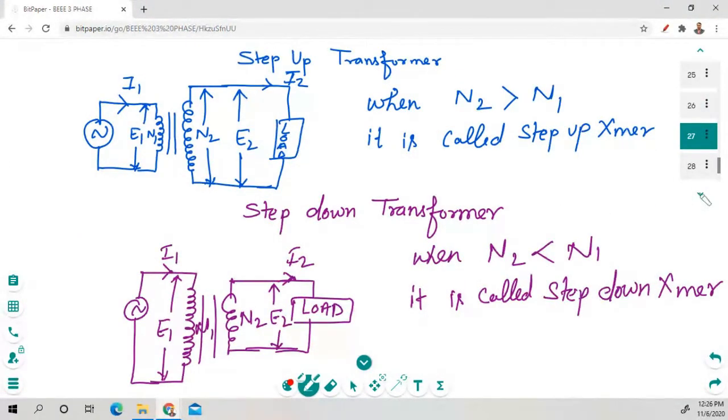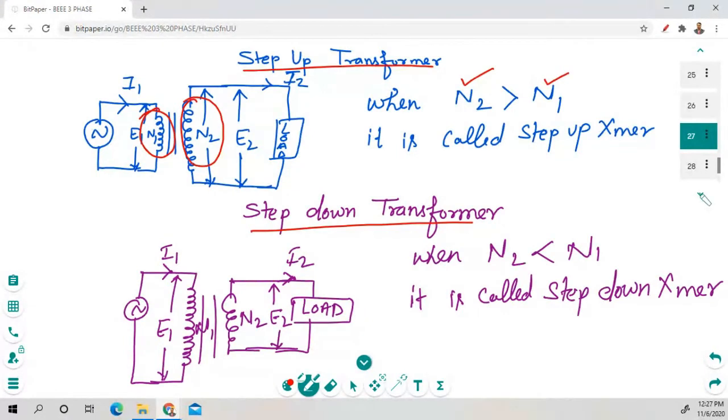There is a step up transformer and there is a step down transformer. So what is the step up transformer? As you can see from this figure, on the primary side there is N1 winding and on the secondary side there is N2 winding. You can see that the N2 winding is greater than the N1 winding.